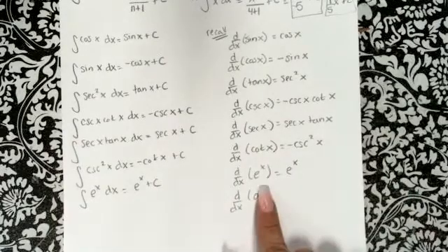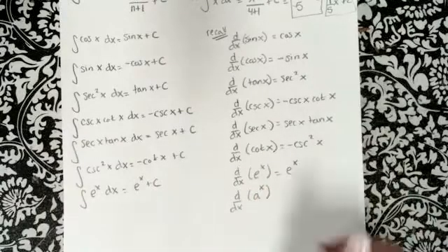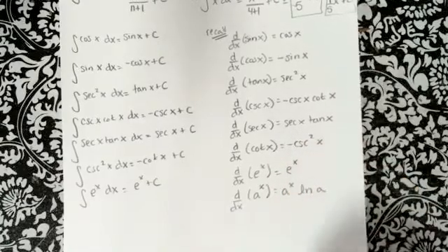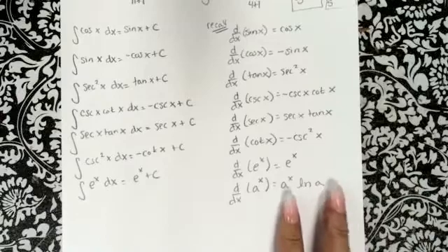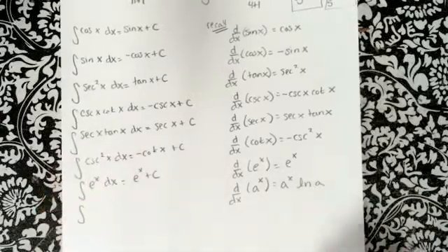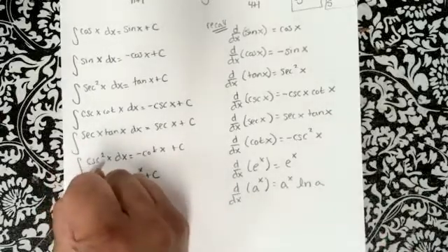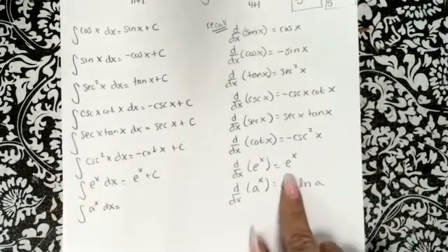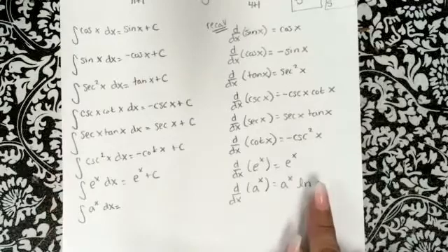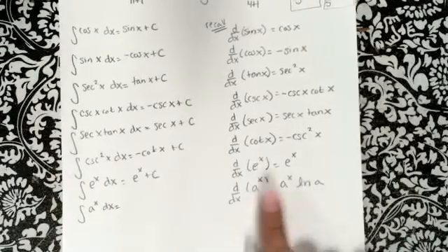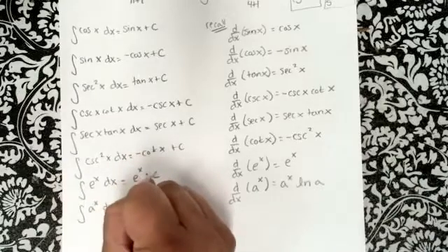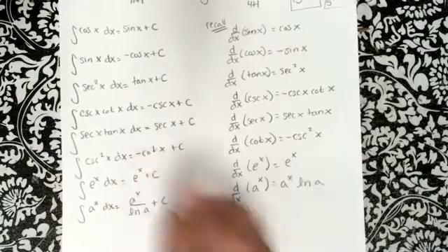That's like 5 to the x power or 10 to the x power. This is equal to a to the x natural log of a. So basically here, on this one, it's going to be written as the antiderivative of a to the x. So I'm only looking at this part. So what happens with the natural log of a is you technically divide both sides by natural log of a. So this would be a to the x over natural log of a plus c.